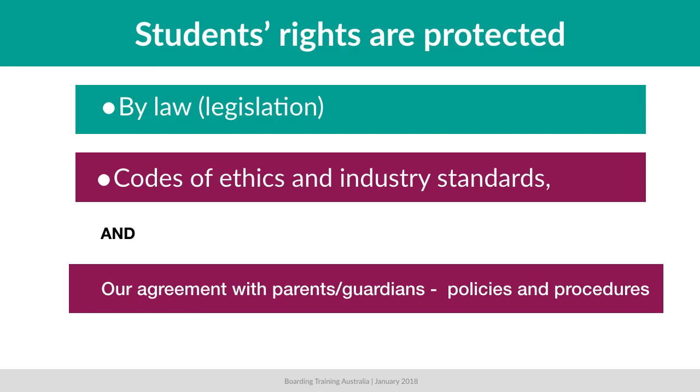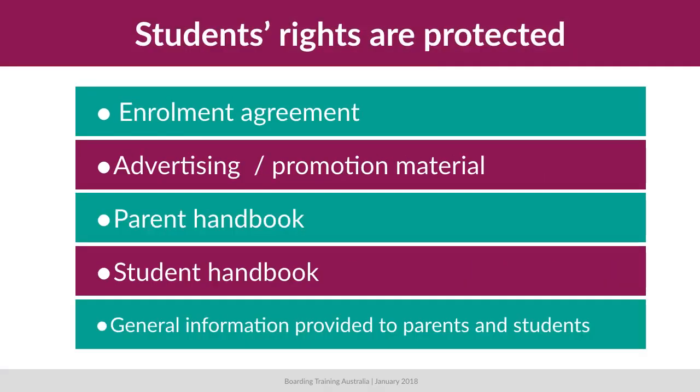Students' rights are protected by law, legislation, codes of ethics, or our agreements with parents and guardians. So that comes out of our policies and procedures. Students' rights are protected by these documents: enrolment, advertising, promotional material, parent handbook, etc. And they call those implied rights because they're implied from the documents that you've provided to the parents.